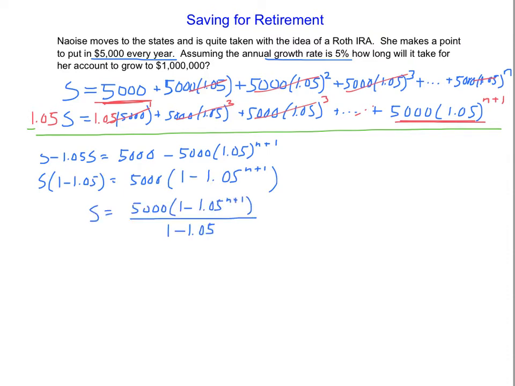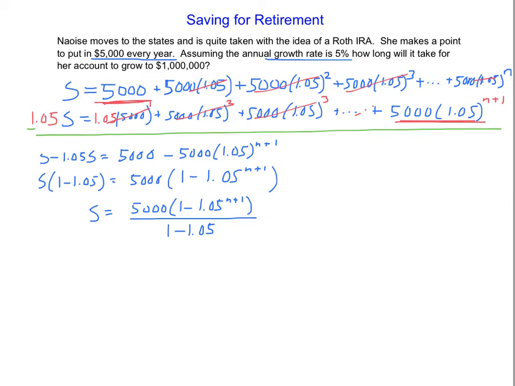Now if you happen to remember the formula, that's awesome. Because I guess you could do that saying, okay, there's n years, so we're going to raise that to n plus 1 there. N years? That is n years, because in 1 year we have 2 increments. That's right, that's how that works. Because we are sticking that $5,000 at the end there. And that's 1 minus r to the n plus 1 over 1 minus r with that 5,000 out in front.